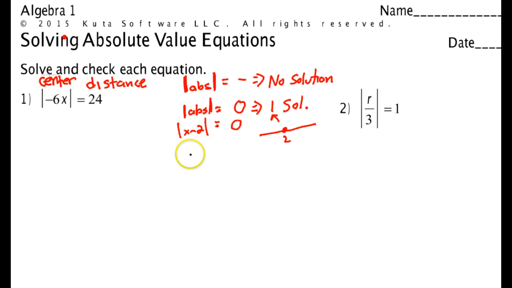Okay. And then the most common answer is when we have a positive, and then we know we have some middle somewhere, and then we have an answer to the right and another answer to the left.